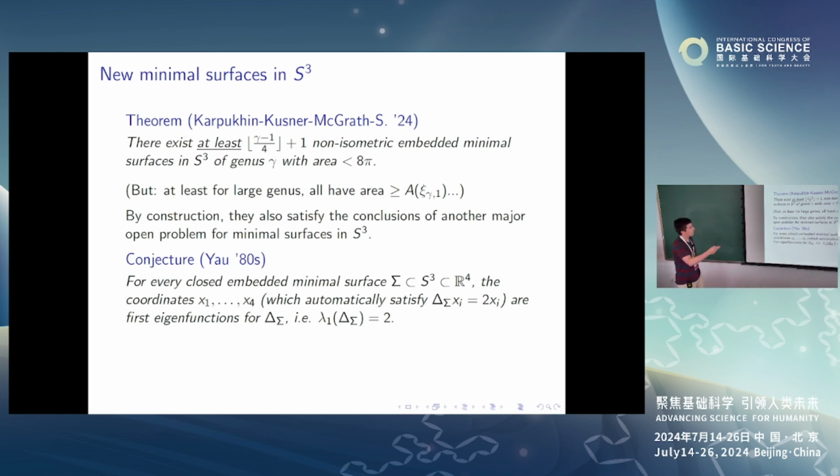Okay, that falls out of what the minimal surface equation tells you in the S3 case. All right, but Yau conjectures that in fact these are not just eigenfunctions but first eigenfunctions. So 2 is the smallest eigenvalue.